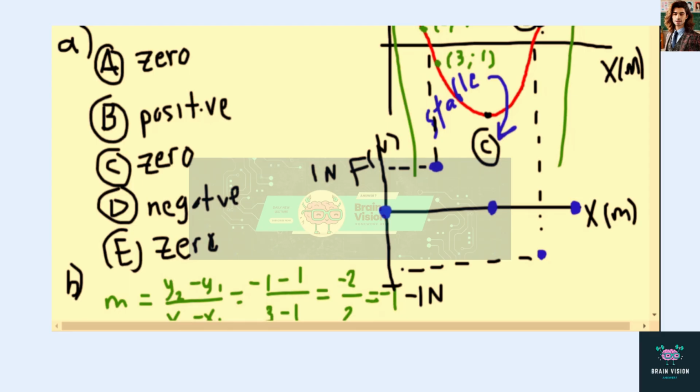So we don't see an abrupt change in slope. The curve would look something like this.